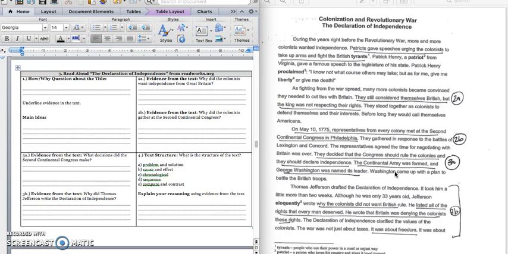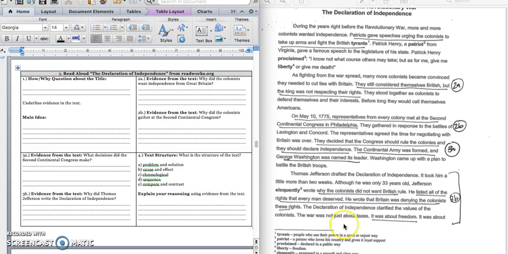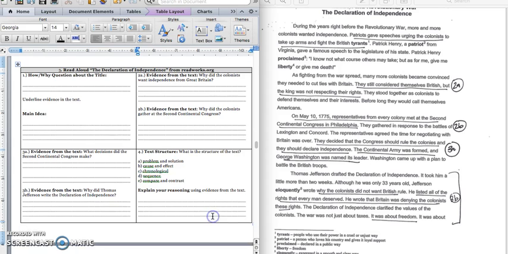And so I would say that the structure of the text is in the order of time, which means the structure of the text is chronological. And then I would write my reason in box 4. Press pause to write your answer in box 4 and play when you're ready for the paragraph.